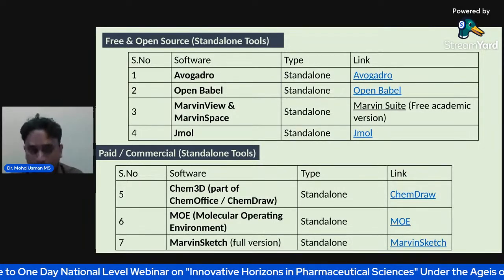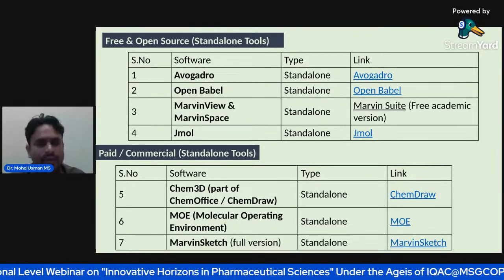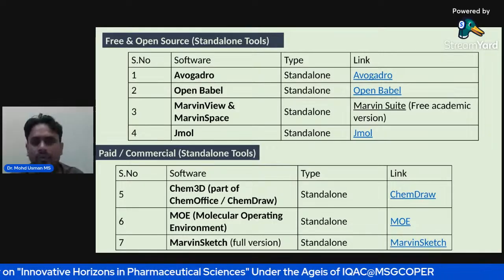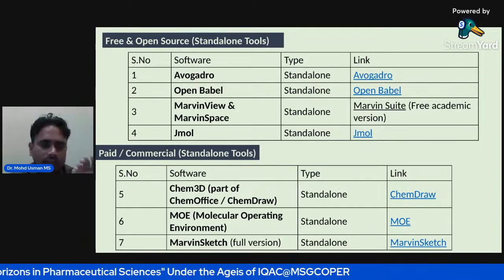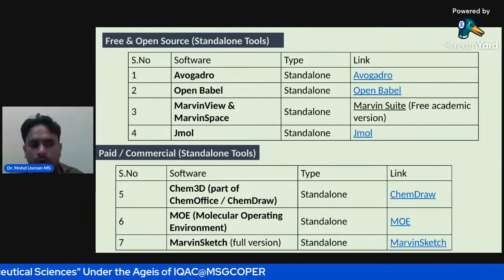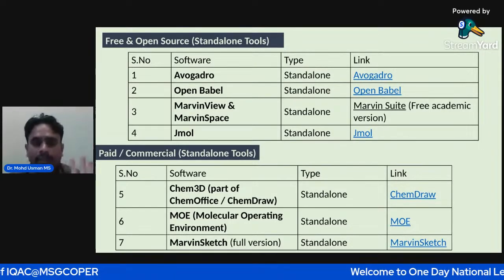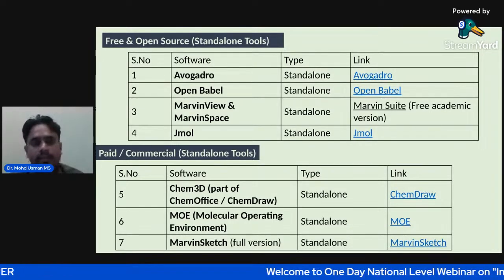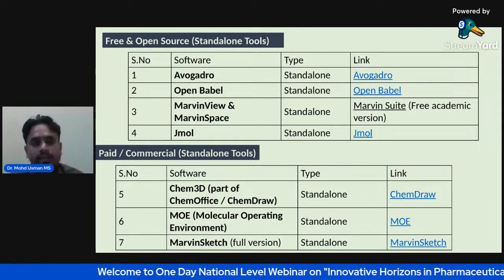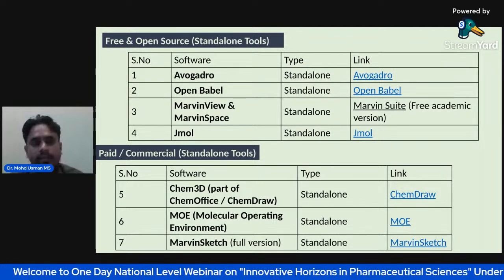But by using Chem3D, that 2D can be directly converted into 3D, or that 2D can be saved into a .mol file. And that .mol file can be opened in any drug design or discovery software. Okay, then Molecular Operating Environment, MOE, this is a paid software.